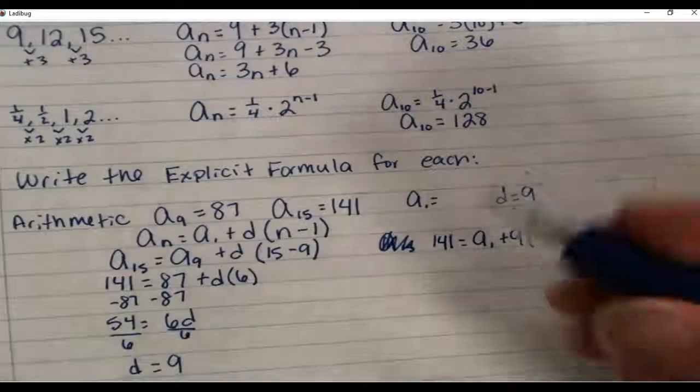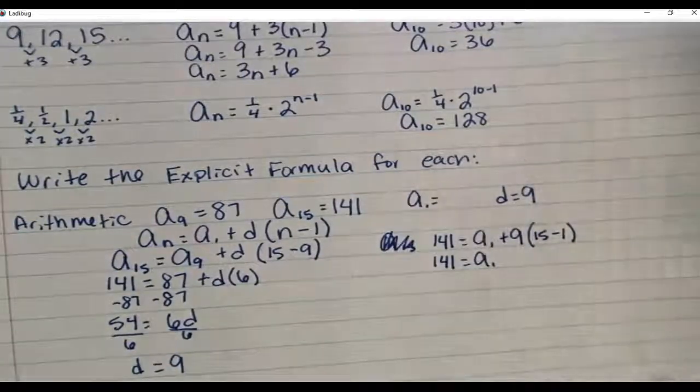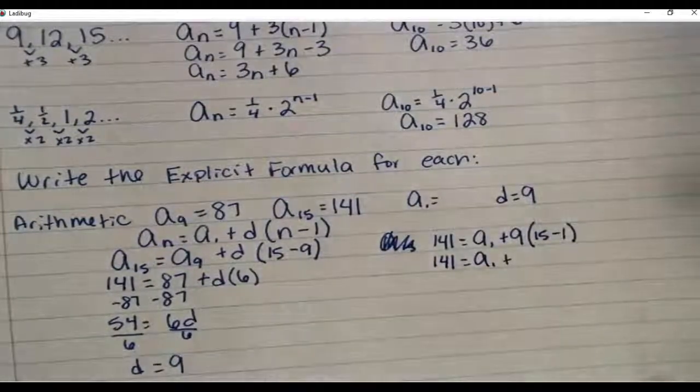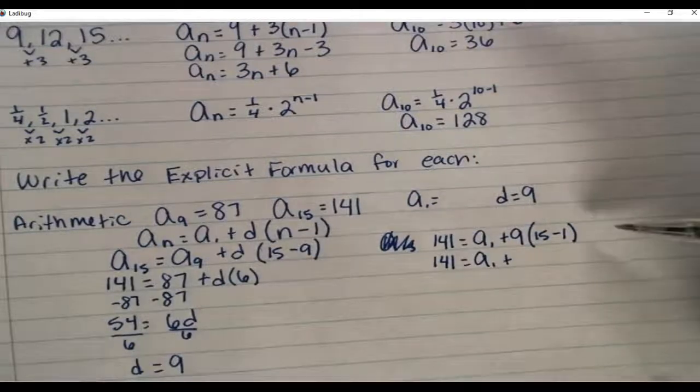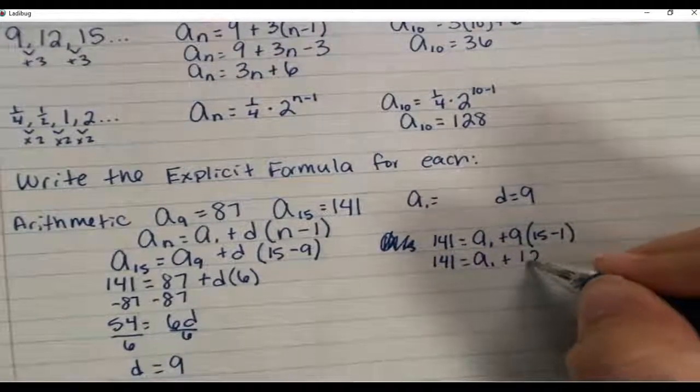So then we just simplify it. So 141 equals A sub 1 plus 15 minus 1 is 14 times 9 is 126.